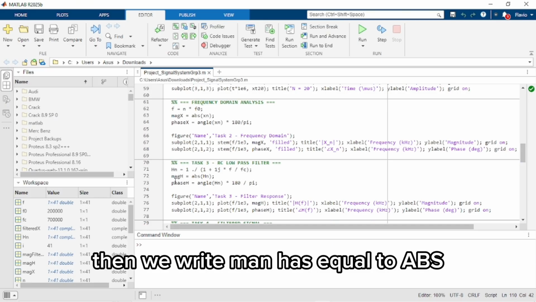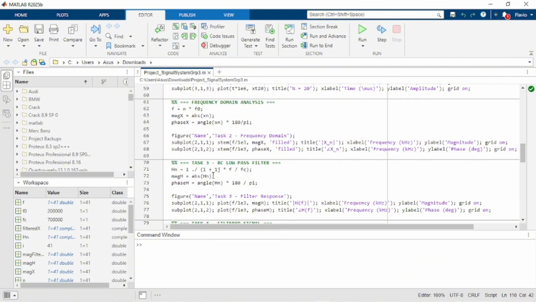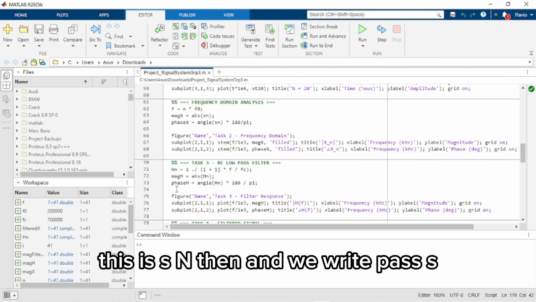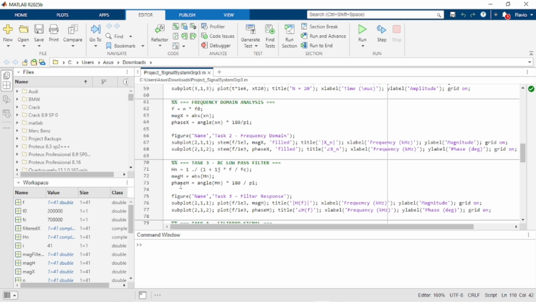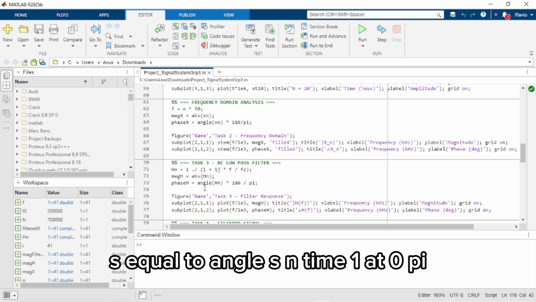Then we write mag H equal to abs of Hn, then phase H equal to angle of Hn times 180 over pi.